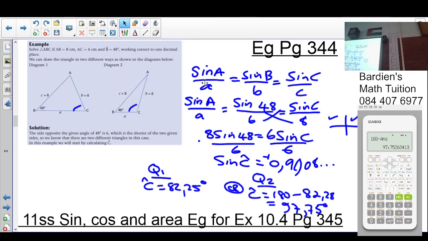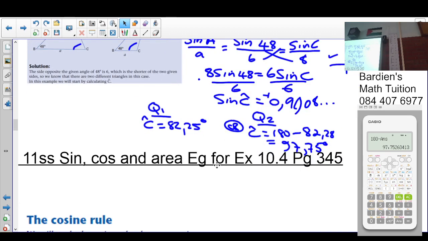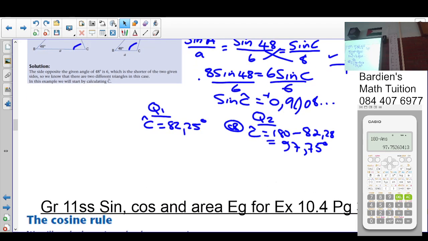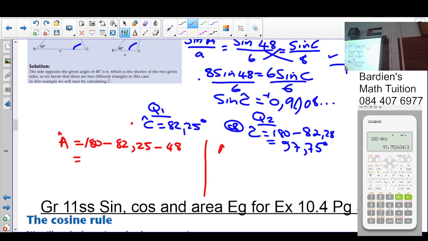So what do I do from here? I can calculate angle A. How do you calculate angle A? Angles in a triangle. So you say 180 minus 82.25, in the case of it being acute, minus 48. Somebody work that out fast. 49.8 degrees.